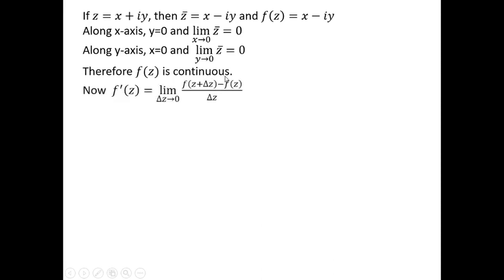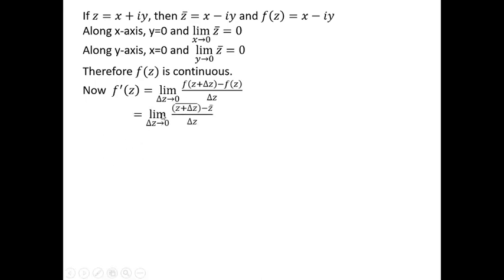Now, consider the differentiability function, that is f'(z) is equal to limit delta z tends to 0 of (f(z plus delta z) minus f(z)) whole divided by delta z. This is another form of the differentiability formula.